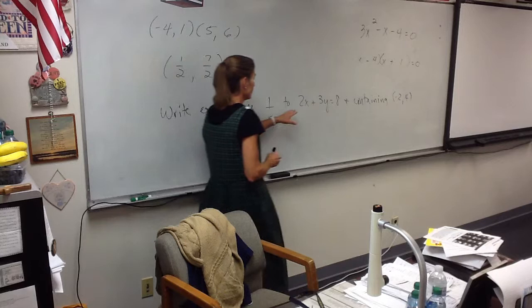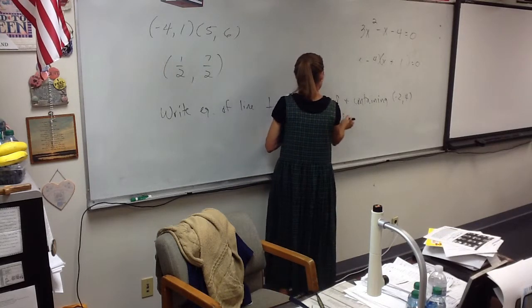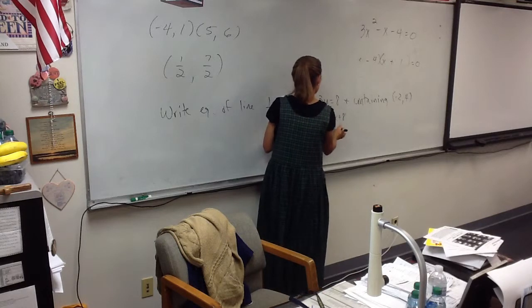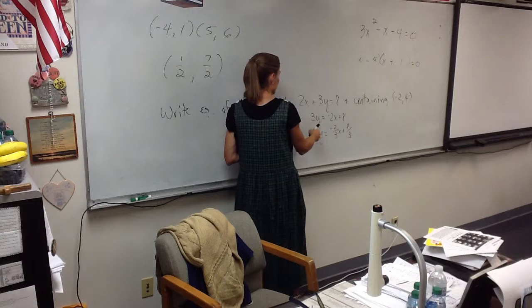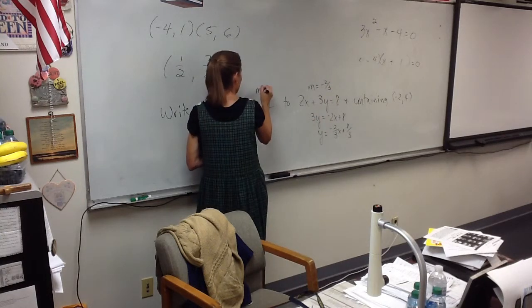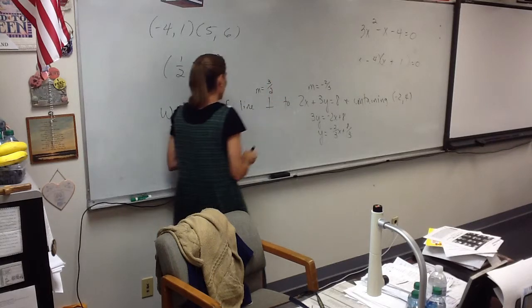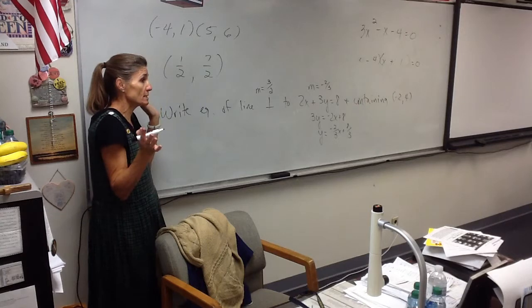How do I find the slope of this line? Get y by itself. Just do a little arithmetic, rearrange things. What is the slope of this line? What is the slope of the perpendicular line then? 3/2.